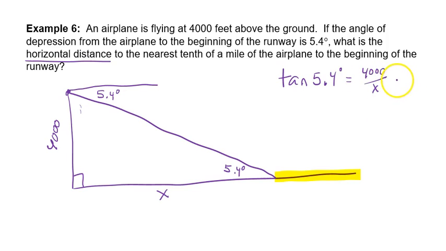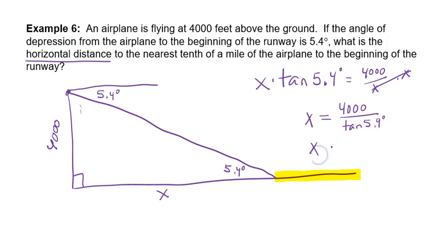And I'm going to have to get rid of the fraction, so I'm going to multiply both sides by x. So these x's are going to go away. And now when I have x tangent 5.4 equals 4,000, I need to get the x by itself. It's being multiplied by tangent of 5.4, so I'm going to divide by that to get rid of it. So x is going to equal 4,000 divided by the tangent of 5.4.